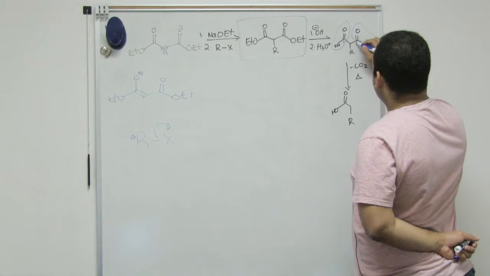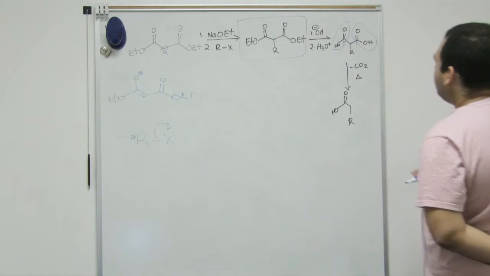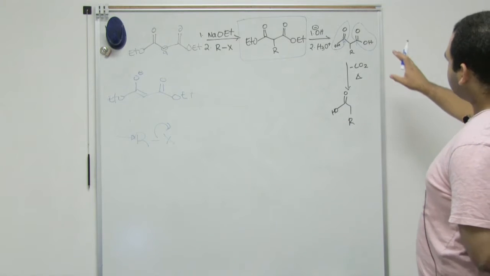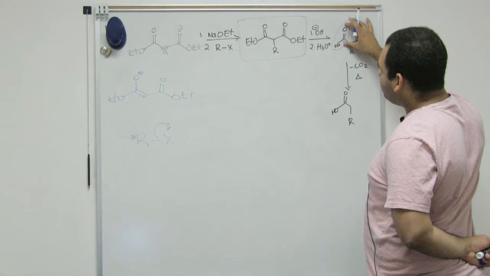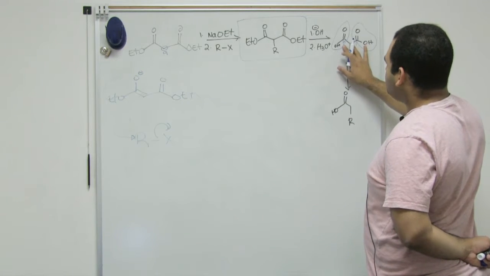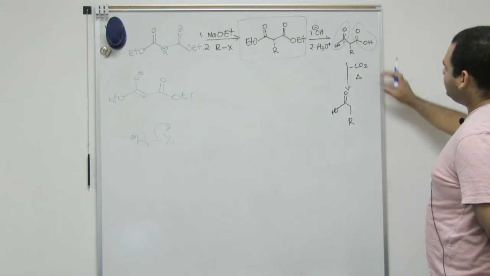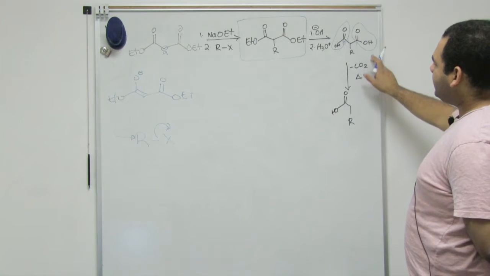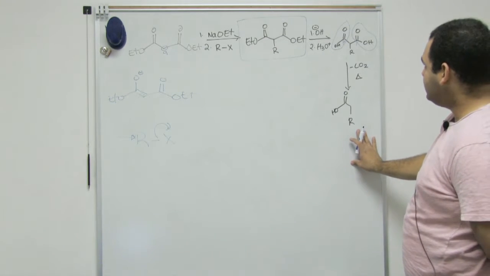And this is a beta carbon if I come from here, alpha, beta. And when I have my carboxylic acid and another carbonyl carbon in the beta position, I can do what we call decarboxylation. Just heat it up, and a whole molecule of carbon dioxide will leave, and I end up with a carboxylic acid.